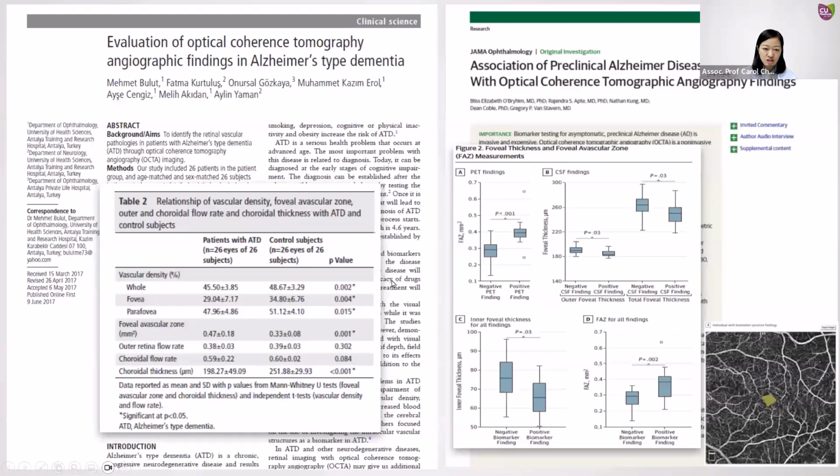In addition, changes at the capillary level may also be studied for their relationship to Alzheimer's disease dementia. Recent reports have identified changes in the retinal capillary network using OCT angiography in AD dementia and preclinical AD.